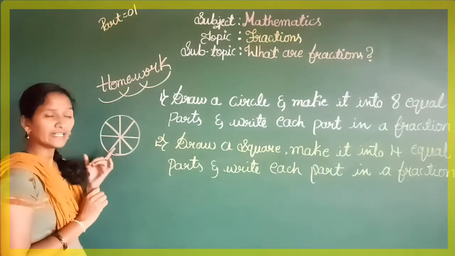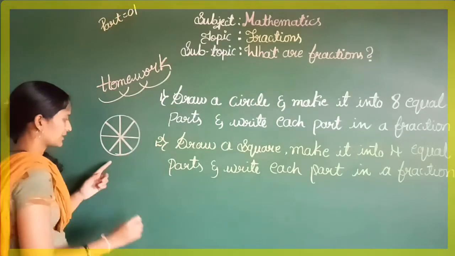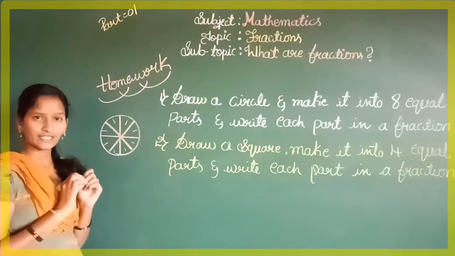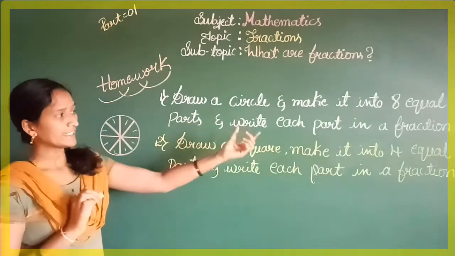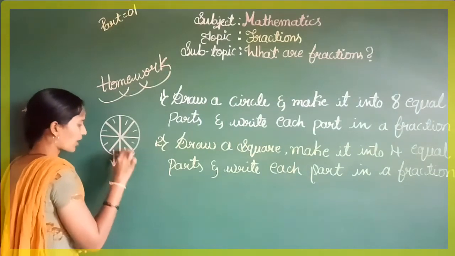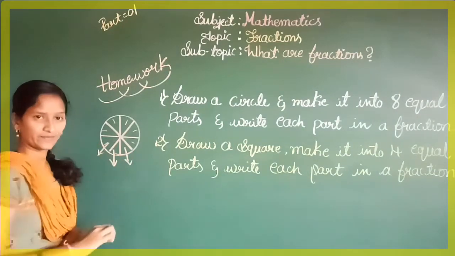So, now I made it into 8 equal parts. See, 1, 2, 3, 4, 5, 6, 7, 8. Right? And you have to write down each part as a fraction.